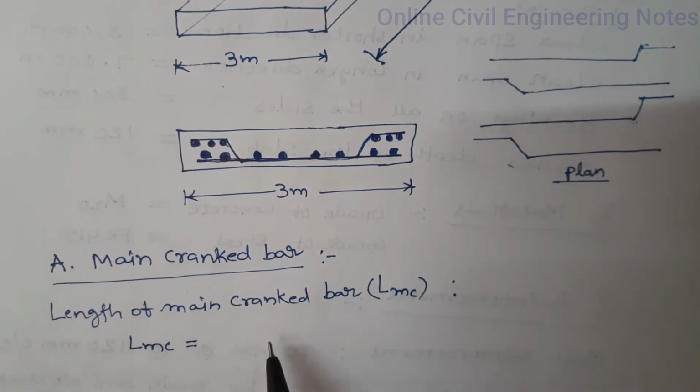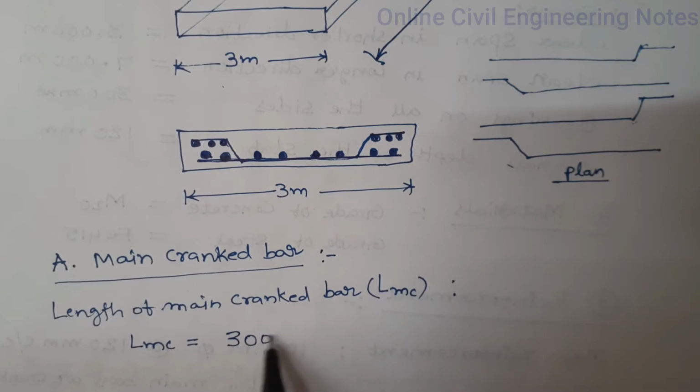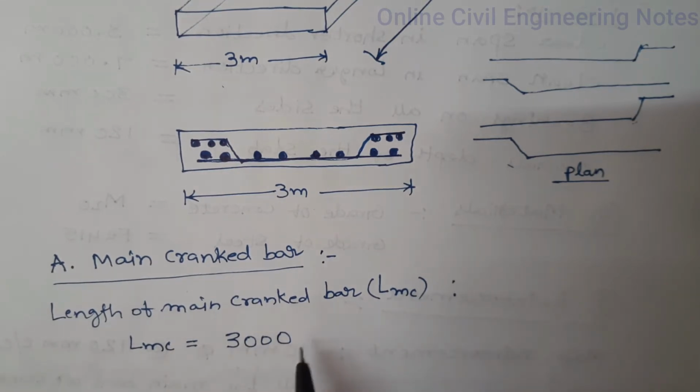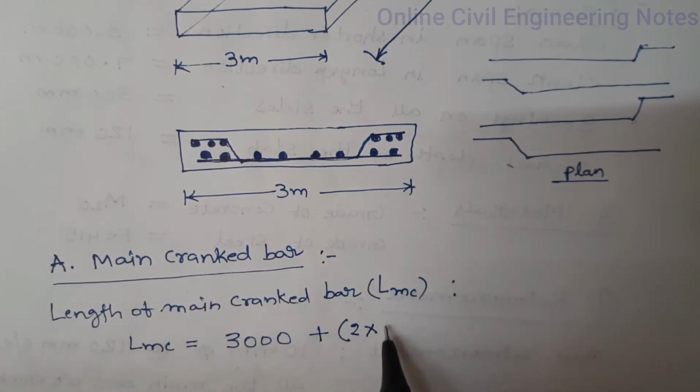So length of main cranked bar is provided in the shorter span. So clear span in shorter direction is equal to 3000 mm plus 2 into bearing on either side is 300 mm minus end cover. So 25 mm on either side.